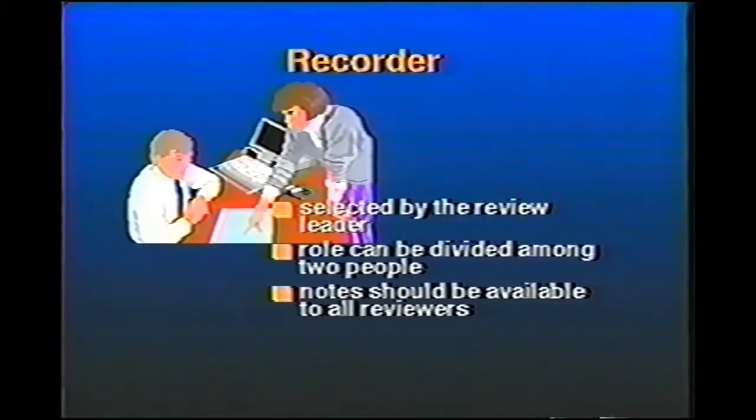The recorder is selected by the review leader prior to the initiation of the review meeting. In some cases, the role can be divided among two people. And in every case, notes should be made available to all reviewers in a contemporaneous fashion. In order to achieve this, unconventional note-taking may be required.